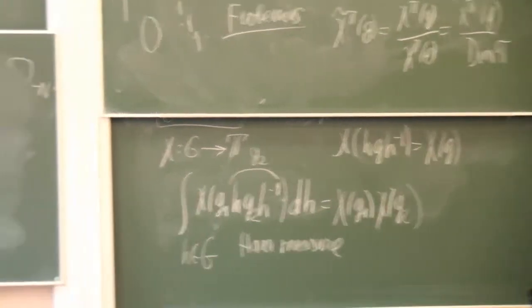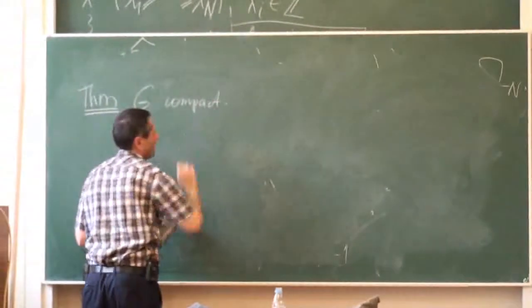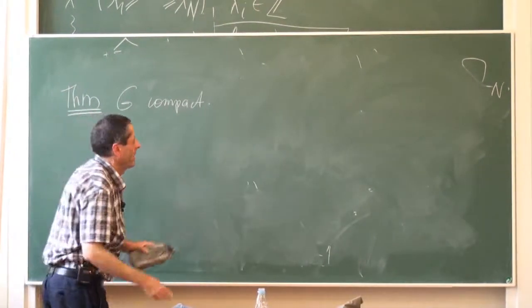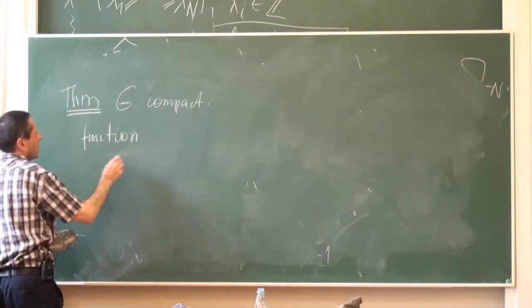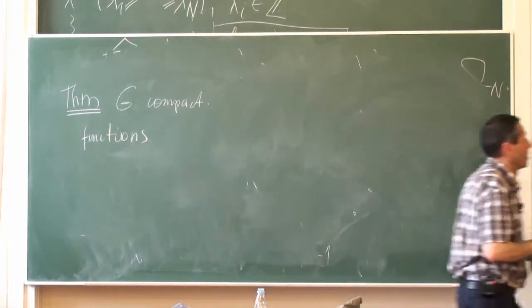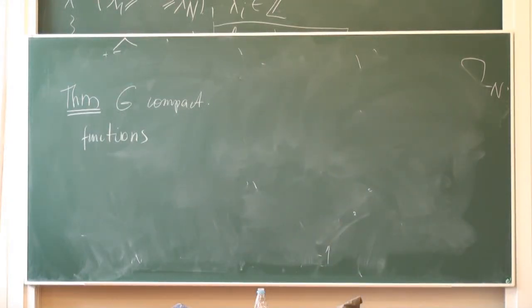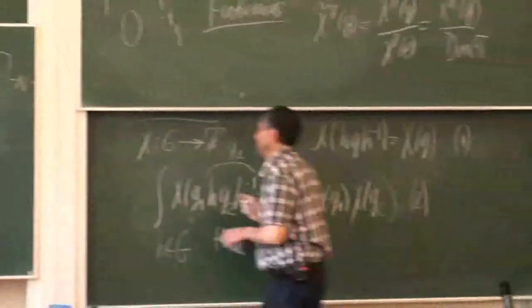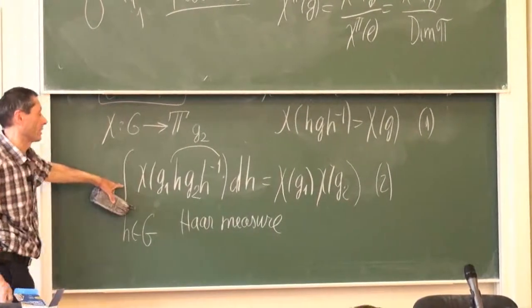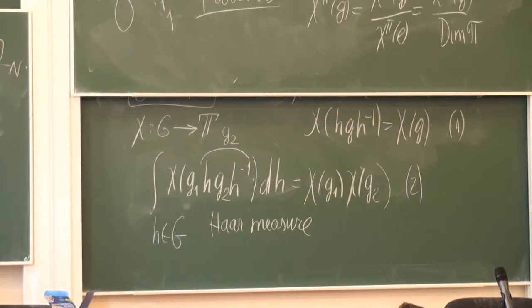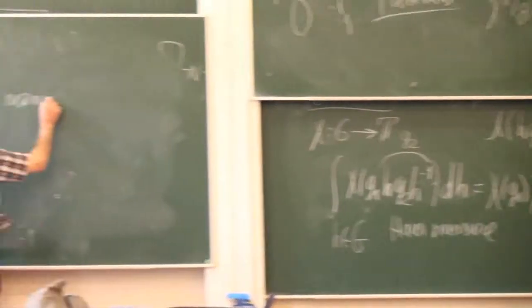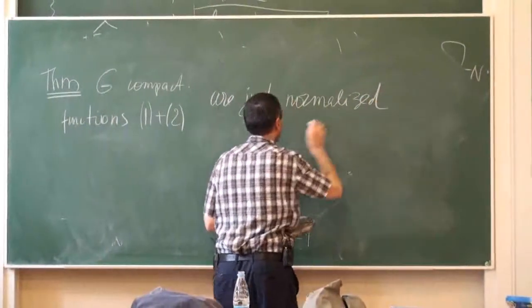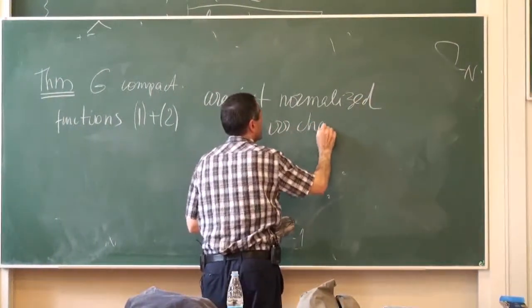If G is a compact topological group, then functions satisfying these two properties, centrality and the so-called functional equation, are just normalized irreducible characters.